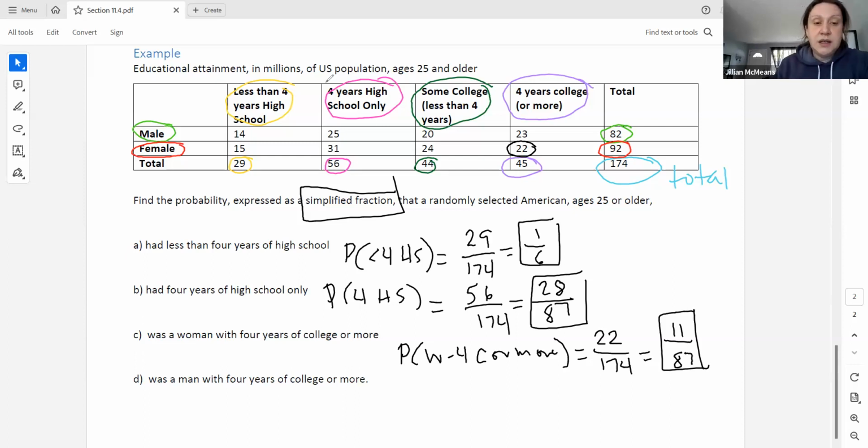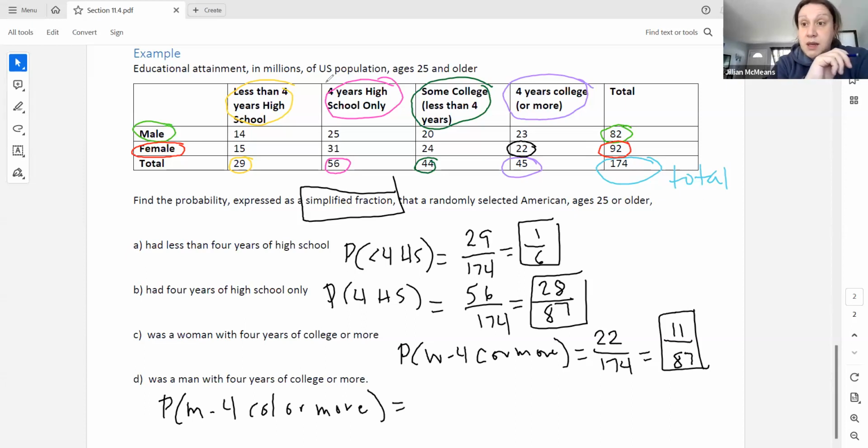Okay. And then finally, we want men with 4 years of college or more. So we want the probability of men with 4 years of college or more. That one you can read a little better. All right. So again, we're going to go to the row for males, and then we're going to go to the column that was purple, and we have 23 million men who finished 4 years of college or more.